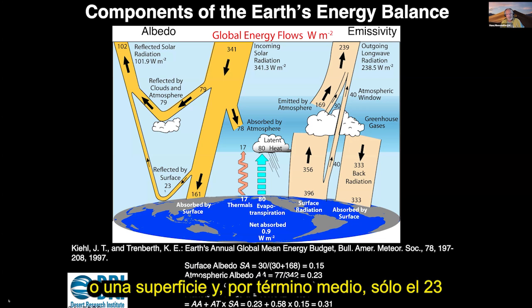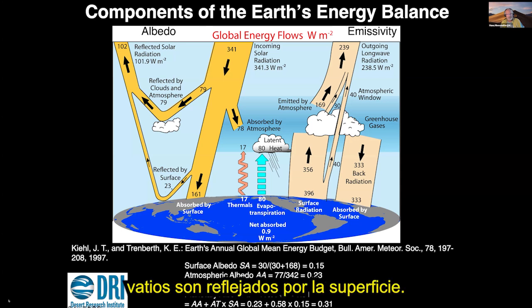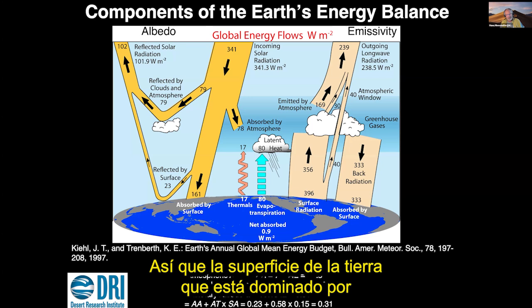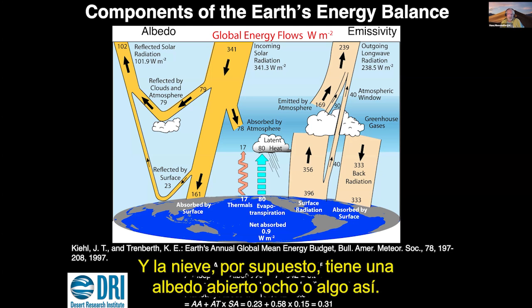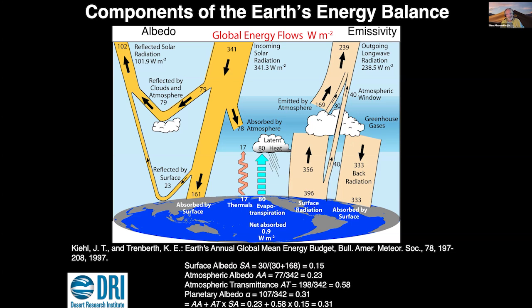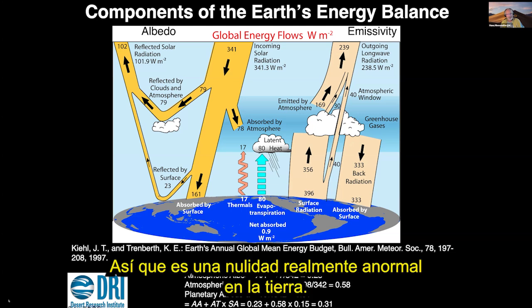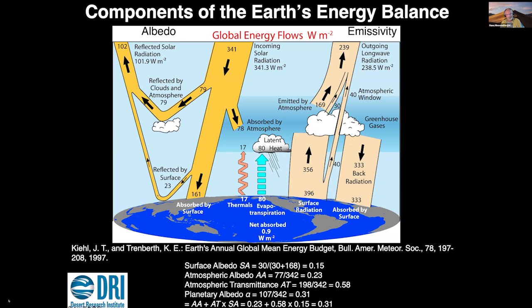And on average, only 23 watts are reflected by the surface. So the surface of the Earth, and that's dominated by the oceans, is relatively dark, with an albedo of 0.15. And snow, of course, has a much larger albedo of 0.8 or something. So it's really an abnormality on the Earth.